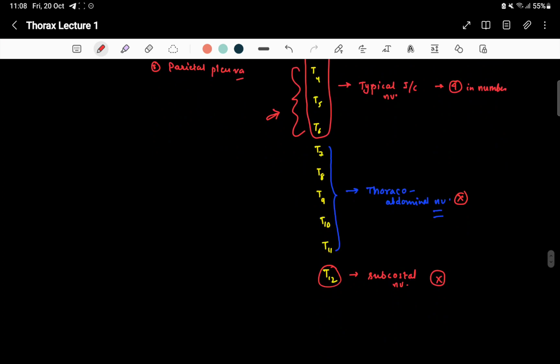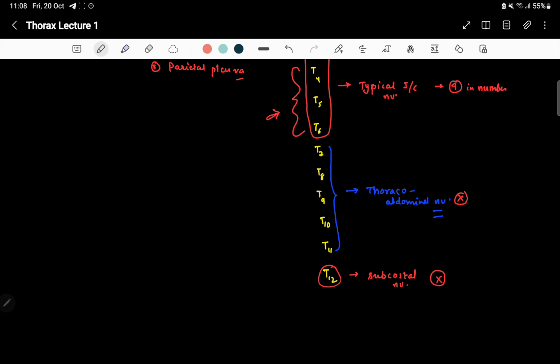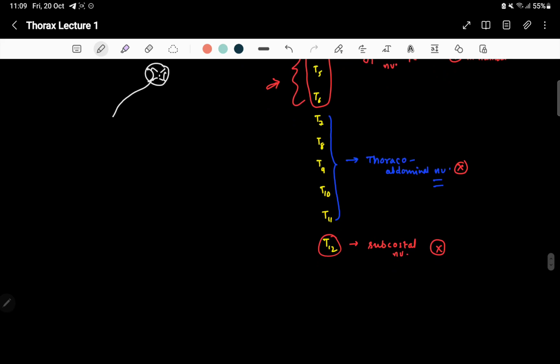So what is the general course of an intercostal nerve? How does the intercostal nerve traverse? Let me first mark it. Let's draw a diagram. Let's say this is the spinal cord here, and this is an intercostal nerve which is coming.